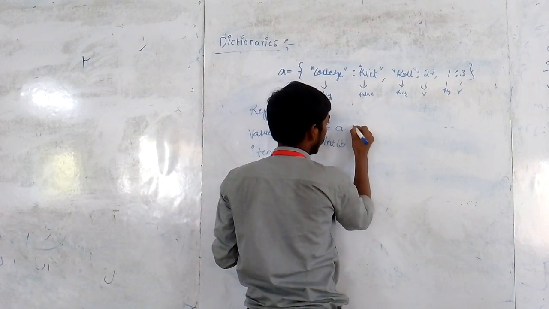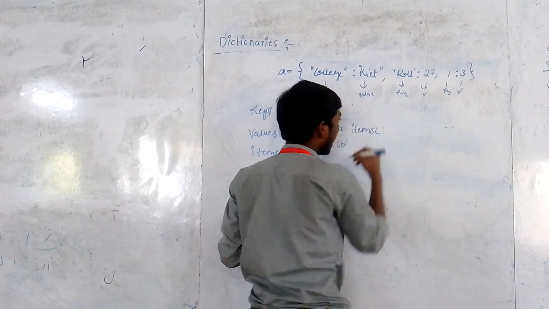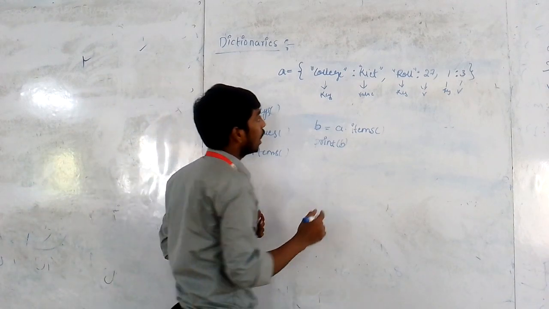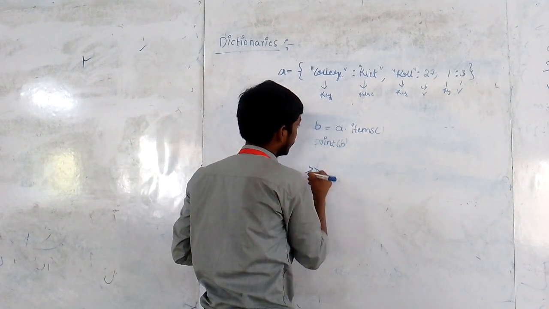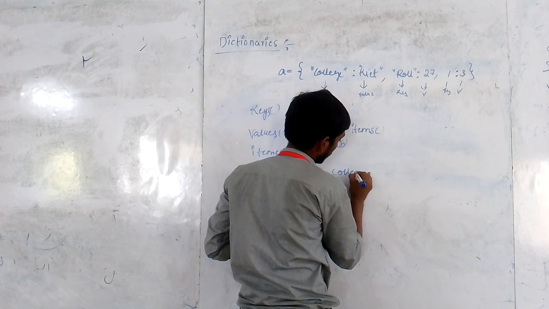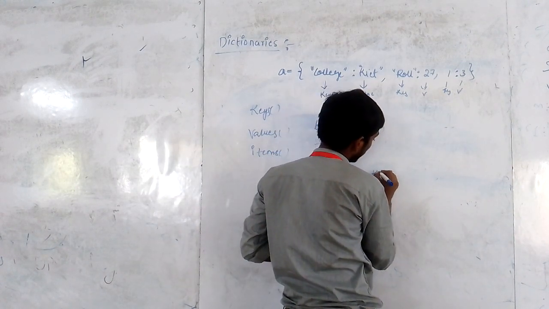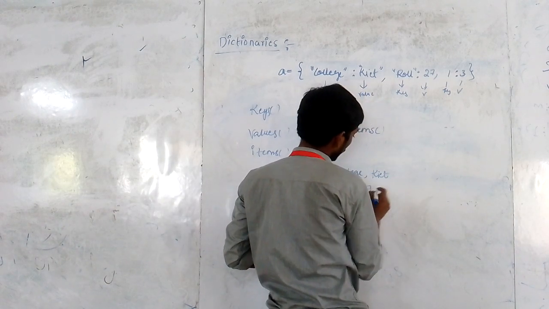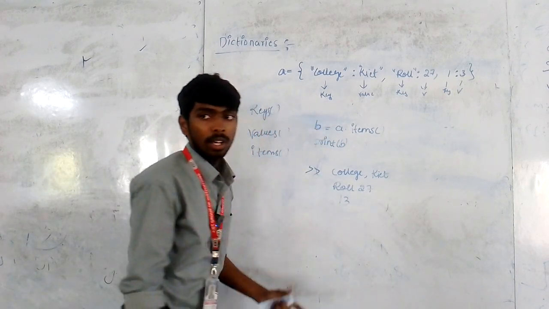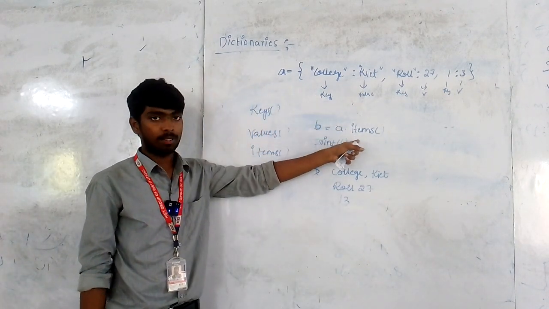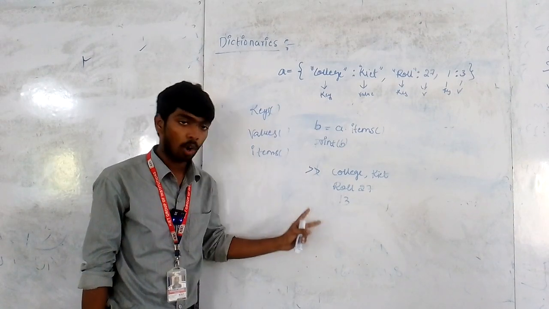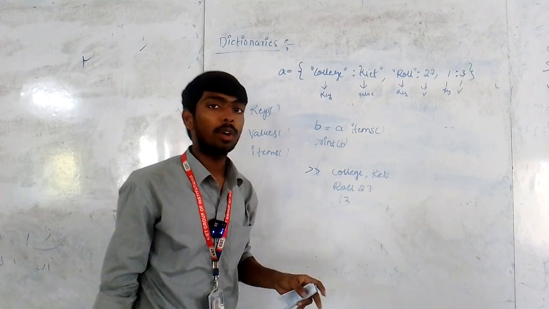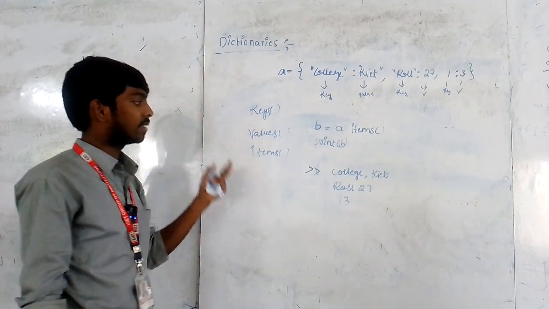If you give a dot items, it will return both the keys and values. The output will be college kite, roll 27, 1 3. This means it accesses all the keys and all the values. So you observed how you can access the values, the keys, and the items from the dictionary.